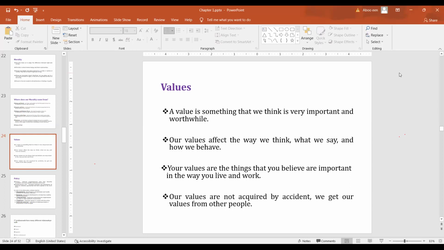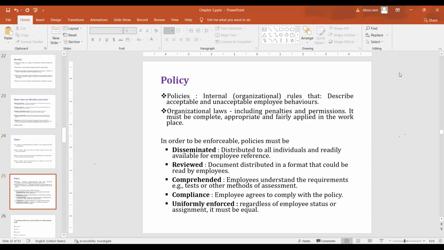Great. Okay. Basically, the policies are set of rules and regulations, which are defining what are the right things, what are the wrong things. And basically, in the policies, there are guidelines, there are rules, there are regulations, they have a set of principles that can be listed in their policies.